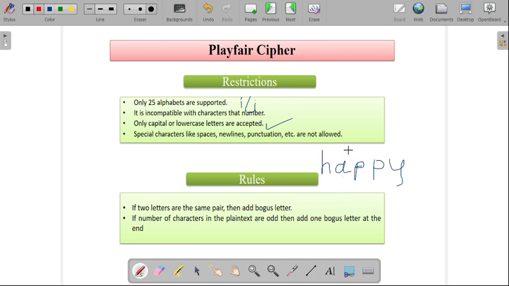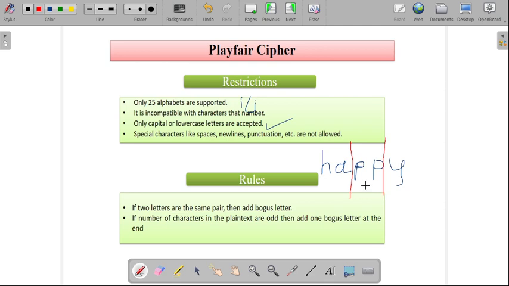The first group consists of H and A, and the second group consists of P and P. These are the same character in one pair, but according to the Playfair cipher rule, we cannot take the same letter in one group.